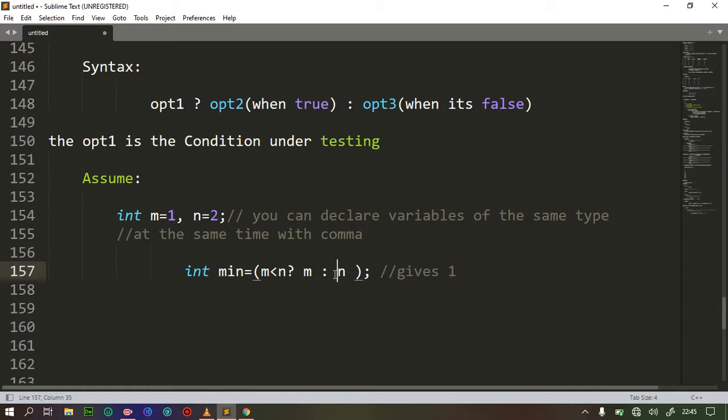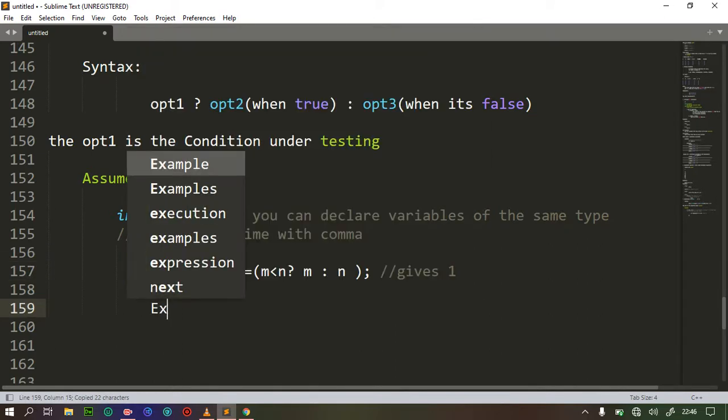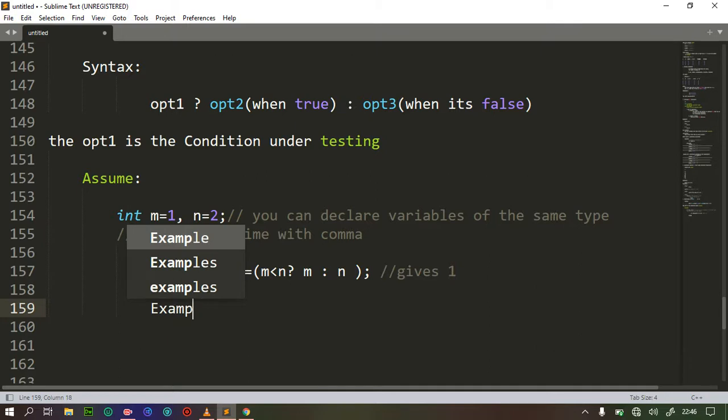In simple terms, their evaluation causes a change to the value of a variable. Now, what do I mean? Assume we had another scenario where I'm going to use the same example. So I'll say example 2. I want to show you what side effects mean for this case.